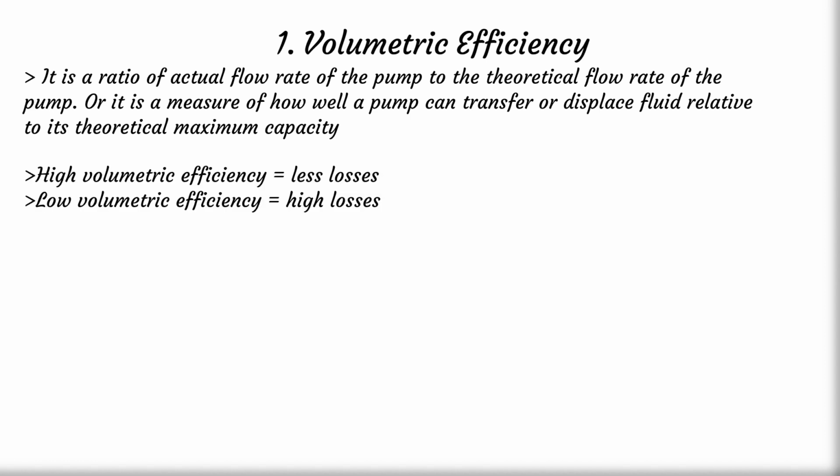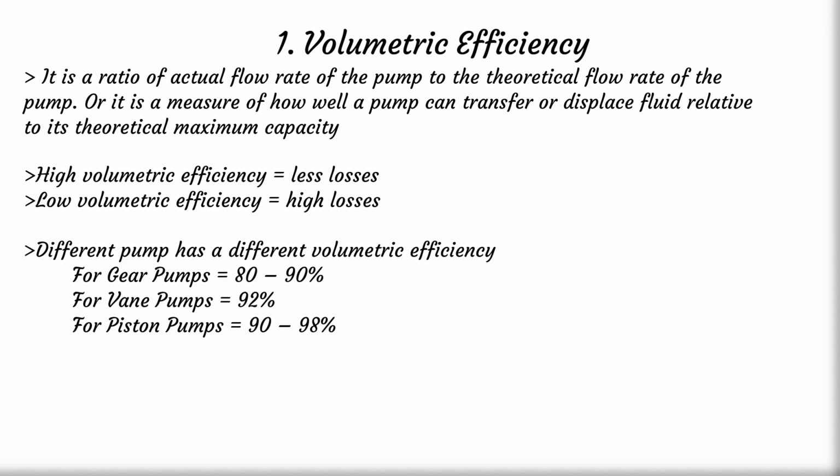A high volumetric efficiency indicates that the pump is effectively moving the fluid and minimizing internal losses due to factors like leakage. On the other hand, a low volumetric efficiency suggests that the pump may have internal wear or other issues that are affecting effectiveness.